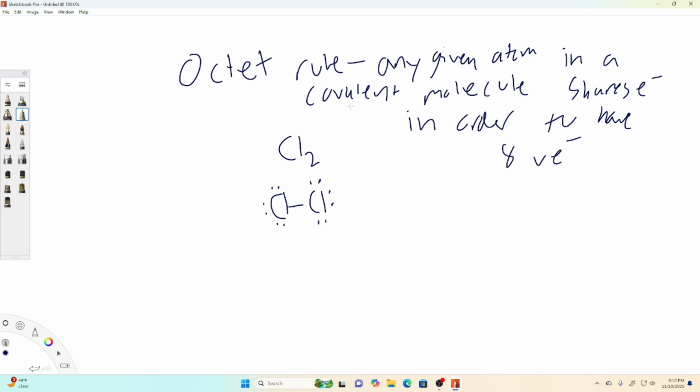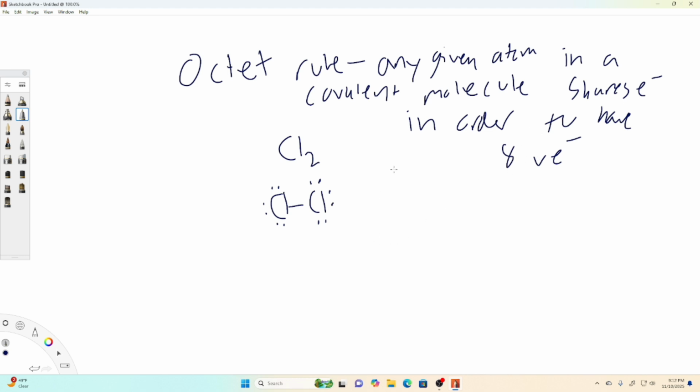And this occurs in ionic compounds as well, but for the sake of simplicity, Lewis structures are only possible for covalent molecules, so we'll not go over ionic compounds. So what this is saying is that any given atom, which would be the Cl, will never have less than 8 electrons in the structure or more than 8 electrons in the structure.